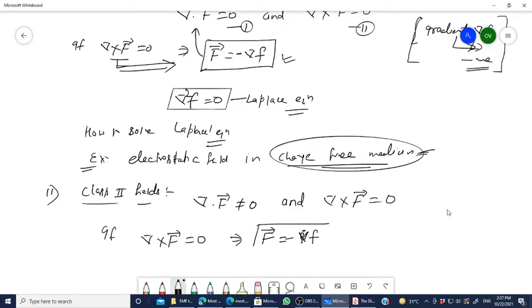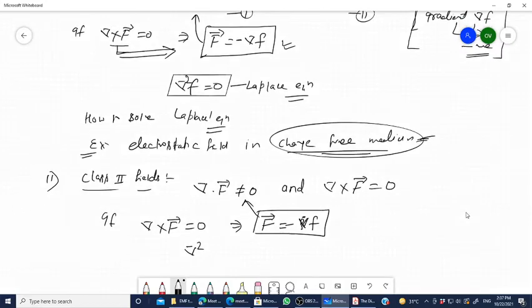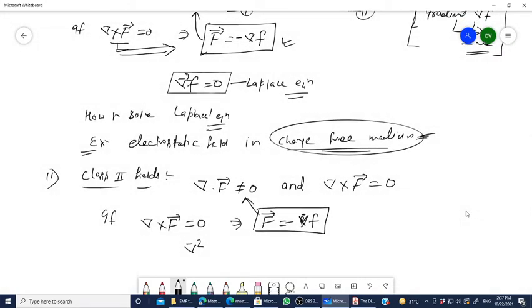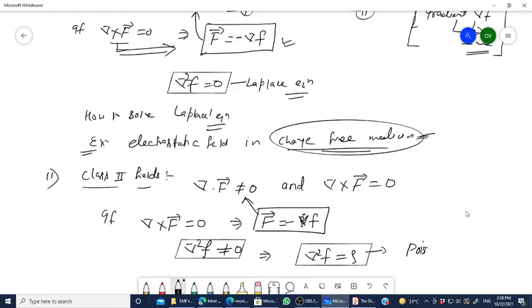When you put this value in this equation, you get that the Laplacian, or you can say the del operator, of the scalar function is not equal to 0. It means the Laplacian has some finite value, let's say rho. This equation is known as the Poisson equation, and it is very important.